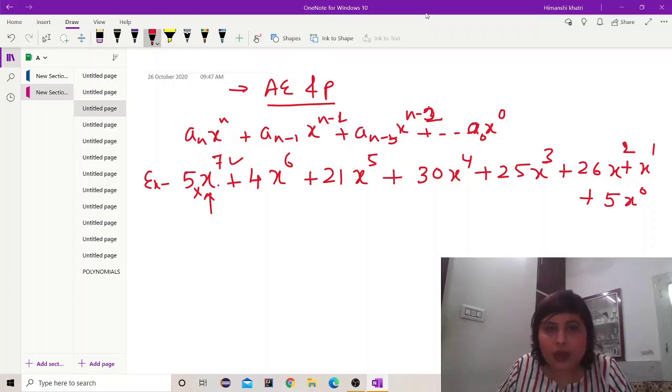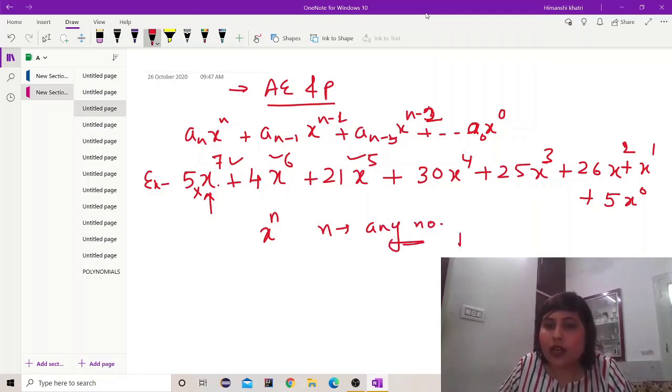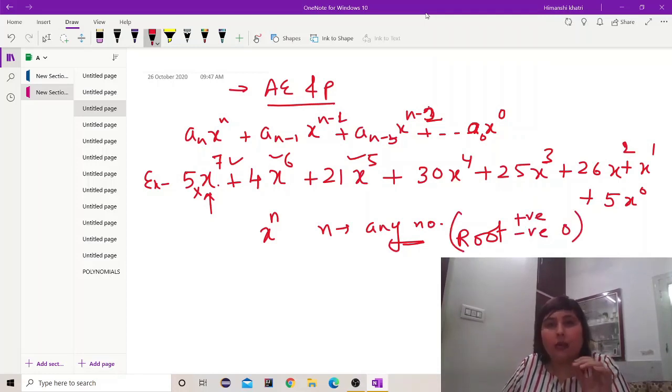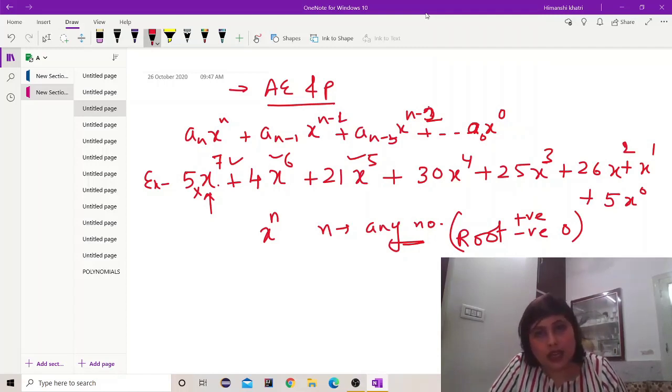Here we have a positive power, here also we have a positive power, but n can be equal to any number. It can be a root value, it can be a positive integer, it can be a negative integer, it can be 0, it can be any number. In an algebraic expression, a variable can take any power.